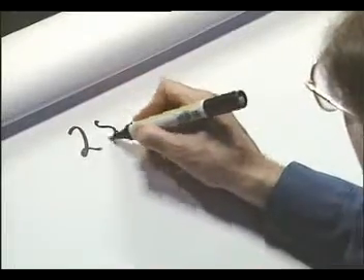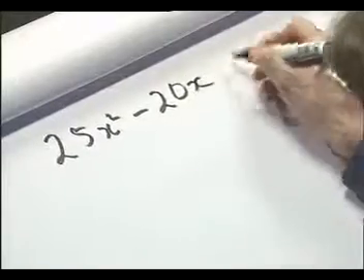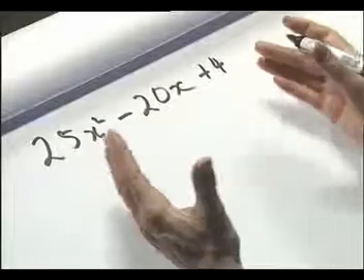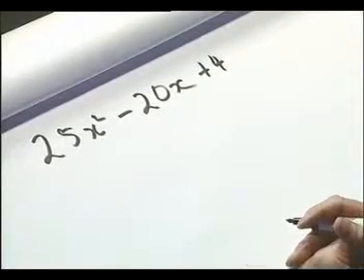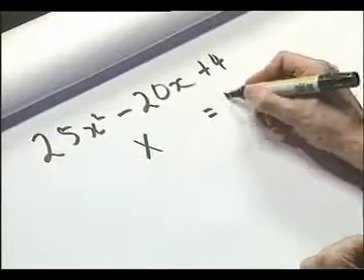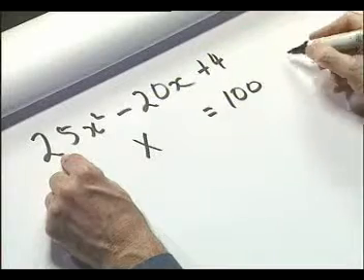Let's just check that. 25x squared minus 20x plus 4. So if we didn't recognise this as a complete square, we would be looking for two numbers that would multiply together to give us 100. The 100 is 4 times by 25.